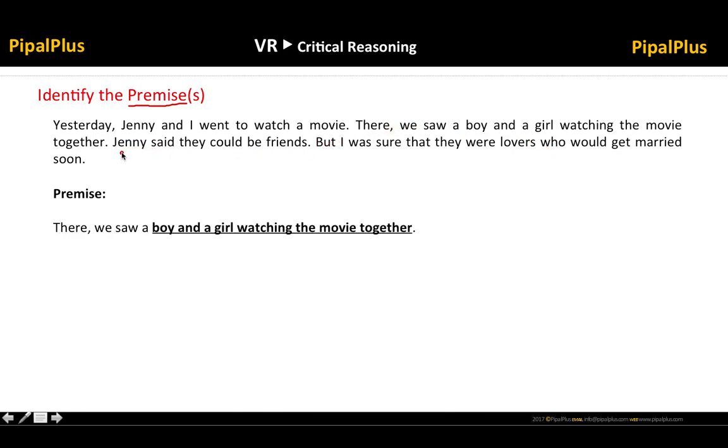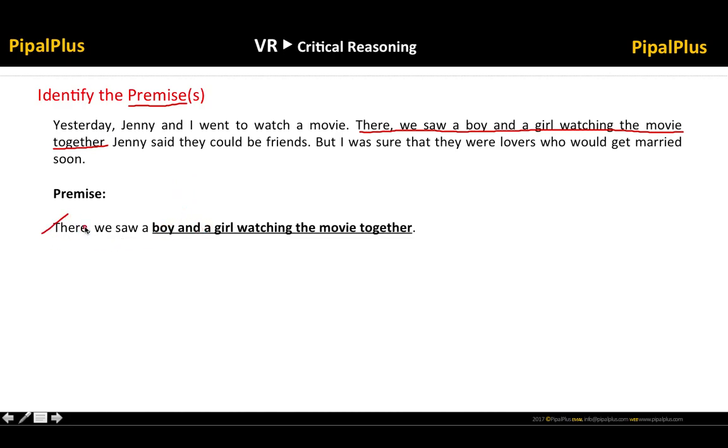On what information have they drawn this conclusion? Clearly, it is this sentence: we saw a boy and a girl watching a movie together. Whatever information forms the basis of the conclusion is called the premise. So the premise is really like the foundation on which the conclusion, the building, is built.